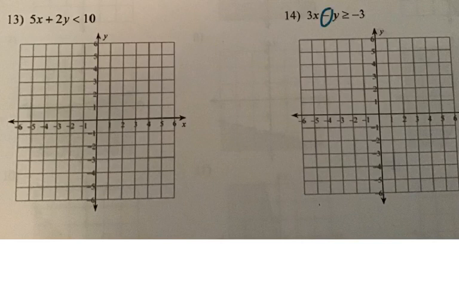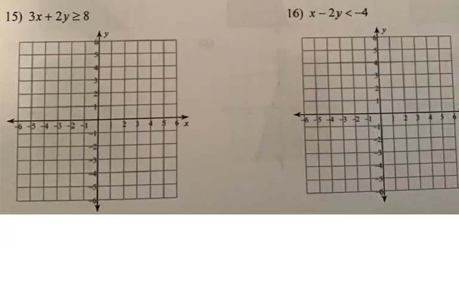You're going to end up dividing by that minus, that negative, right? So the inequality is going to switch on that one. And here's the last two. So we have a total of 4. On 16, hopefully you notice that minus 2y there, which means when I divide by the minus 2, that right there is going to switch. Just a little hint there.